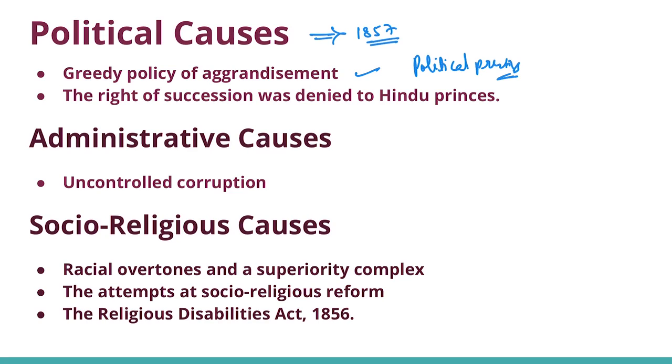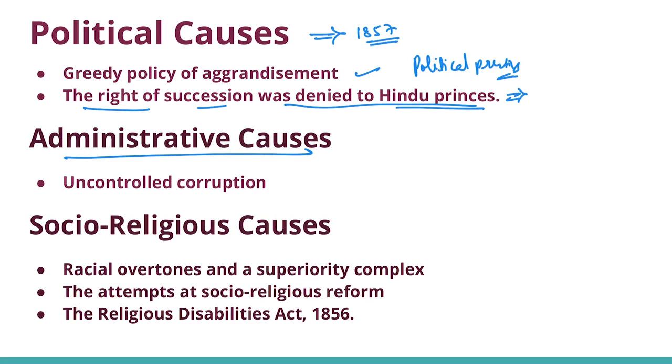Policies like the subsidiary alliance and the doctrine of lapse were among the causes of the 1857 revolt. The right of succession was denied, particularly to the Hindu princes, and this was another political cause.